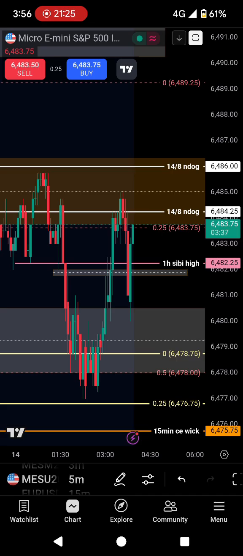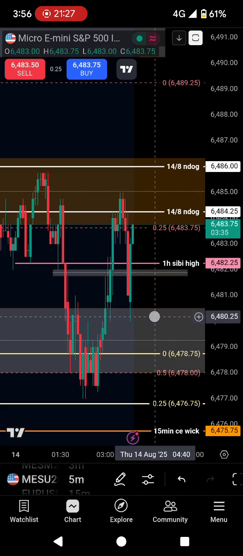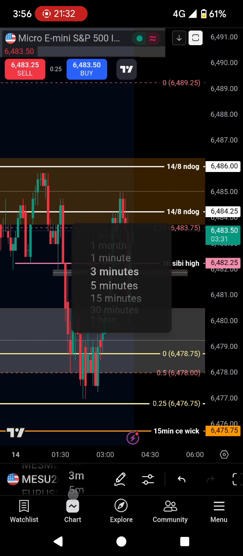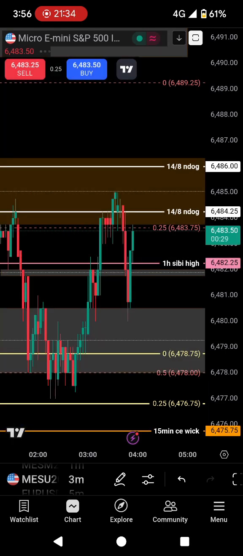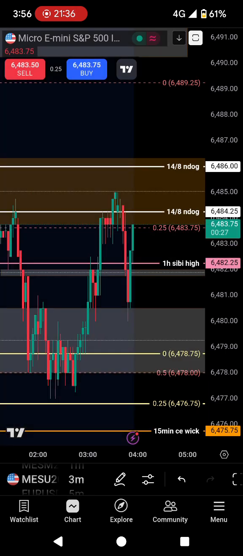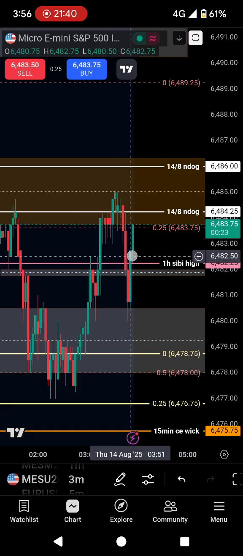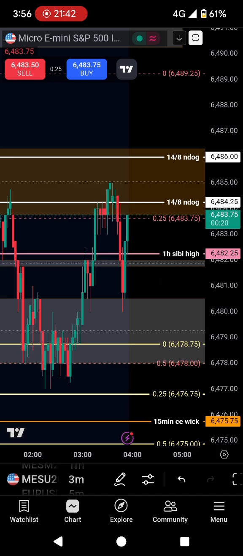Relative figure low here. We trade above this CB. Usually, only 3 minutes. I might enter this CB here, but now I won't enter this CB here anymore.